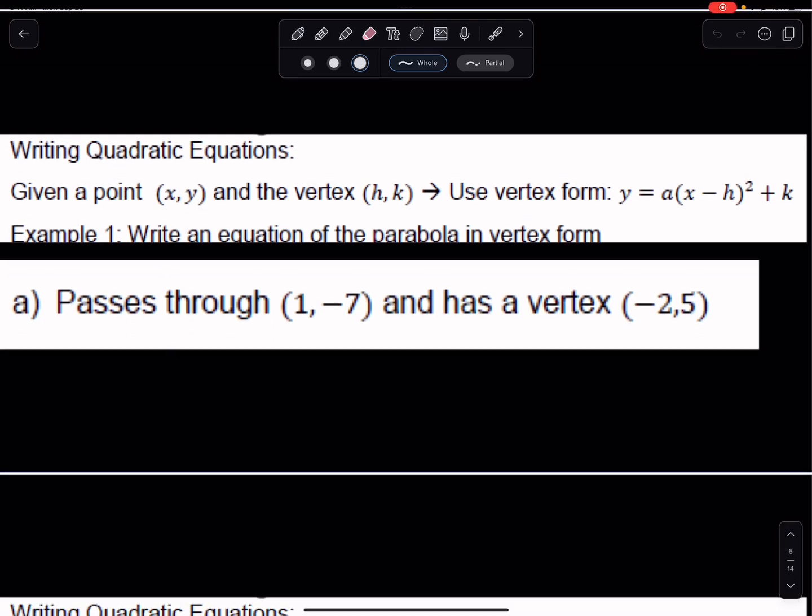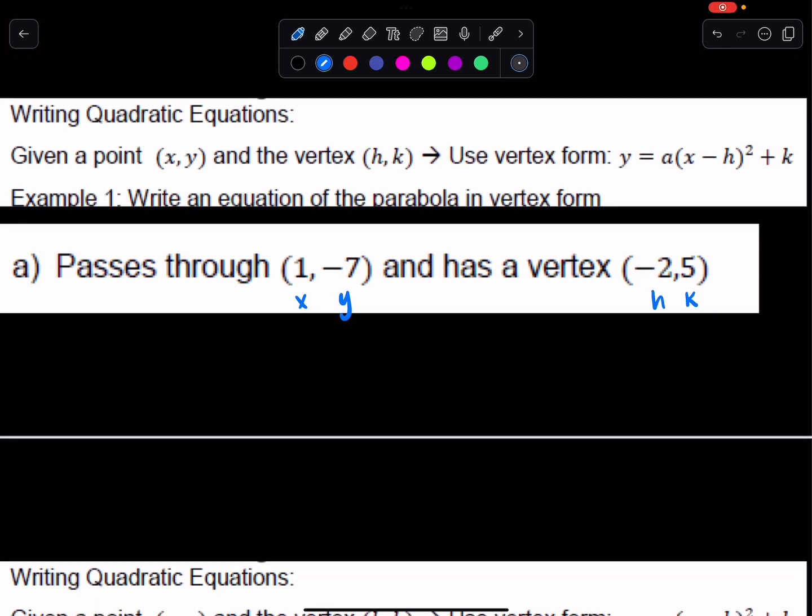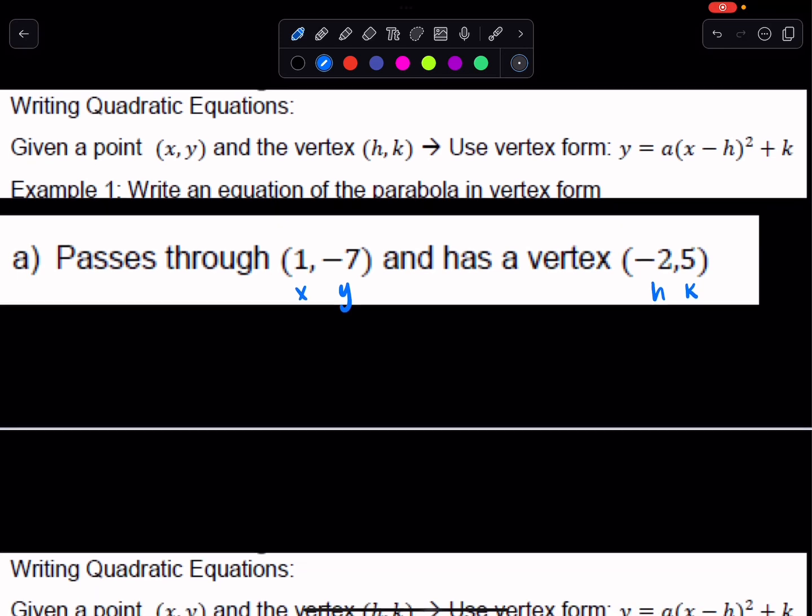So for example 1, if we're given a point and the vertex, then we can use vertex form. So what we're going to do, we're going to label our point as (x, y) and our vertex as (h, k). And so we're going to plug that into our vertex form right there. y equals a times (x minus h) squared plus k.